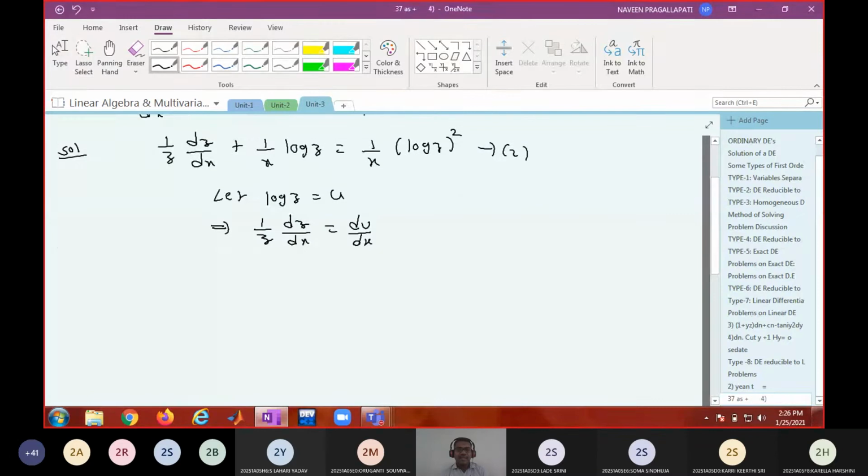Therefore, your second equation becomes du by dx plus 1 by x into u equals 1 by x into u square.